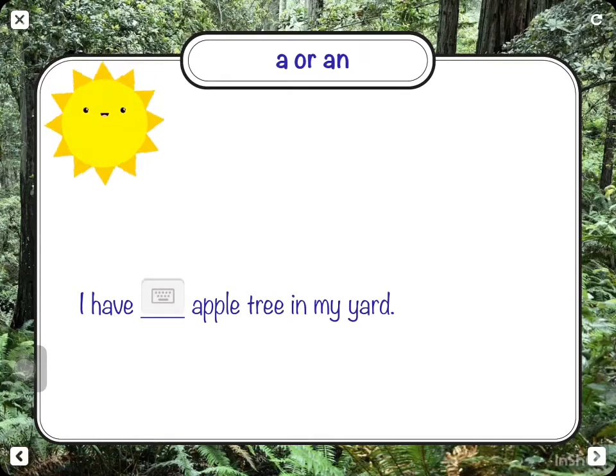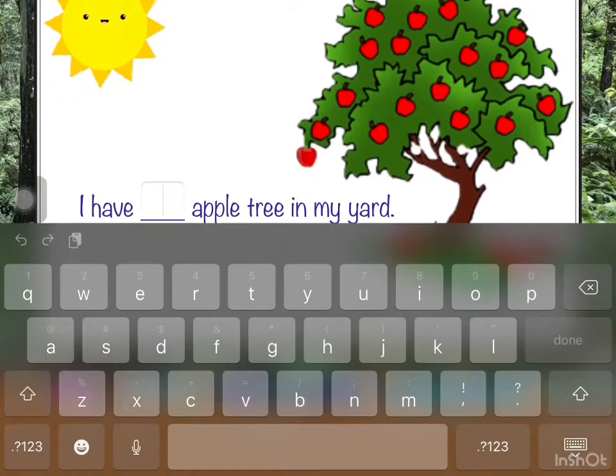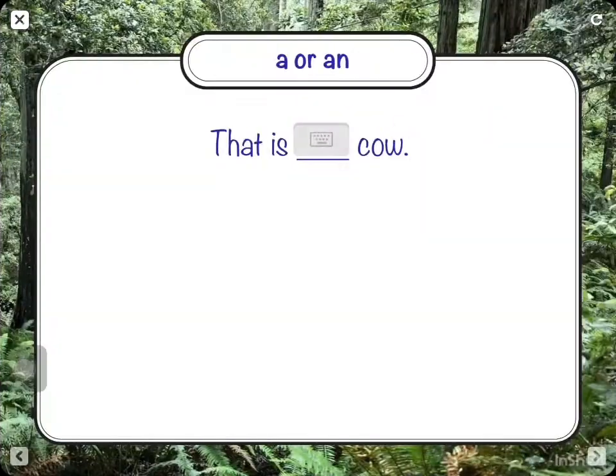Another easy one. I have apple tree in my yard. Apple begins with a vowel, so you use an. Another easy one. That is cow.